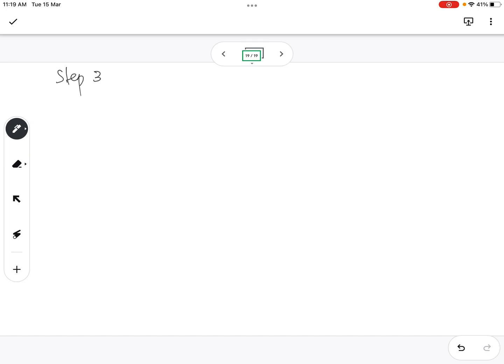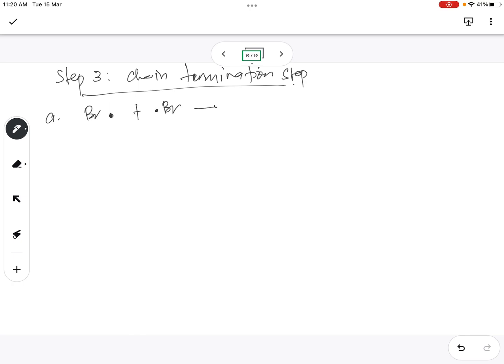Step 3 is the chain termination step. In the chain termination step, we terminate all the radicals, starting with bromine. So this one collides with this, we get Br2. Second, we have the alkyl radical. This radical collides with the bromine radical. So we get the product, obviously.